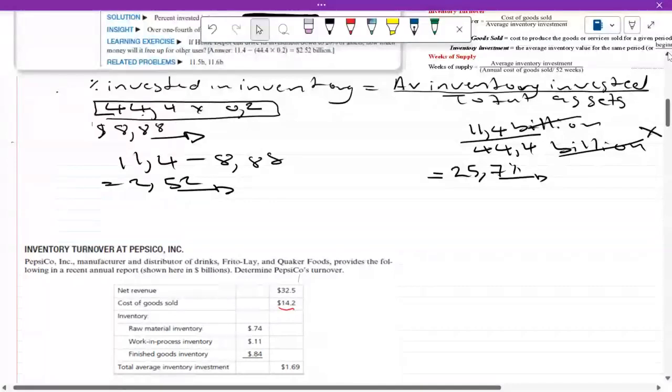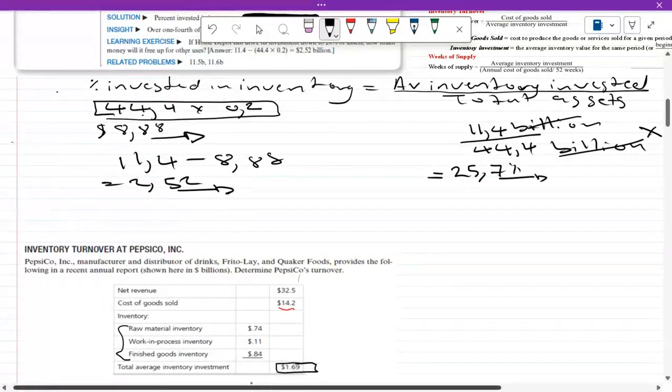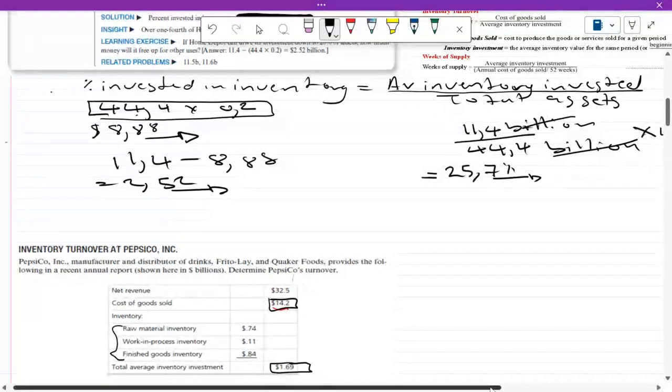So we want to determine the turnover, and we see the raw materials there, and we see our total average inventory. We see the cost of goods. So we want to do the inventory turnover. If you look here, our formula is as follows.